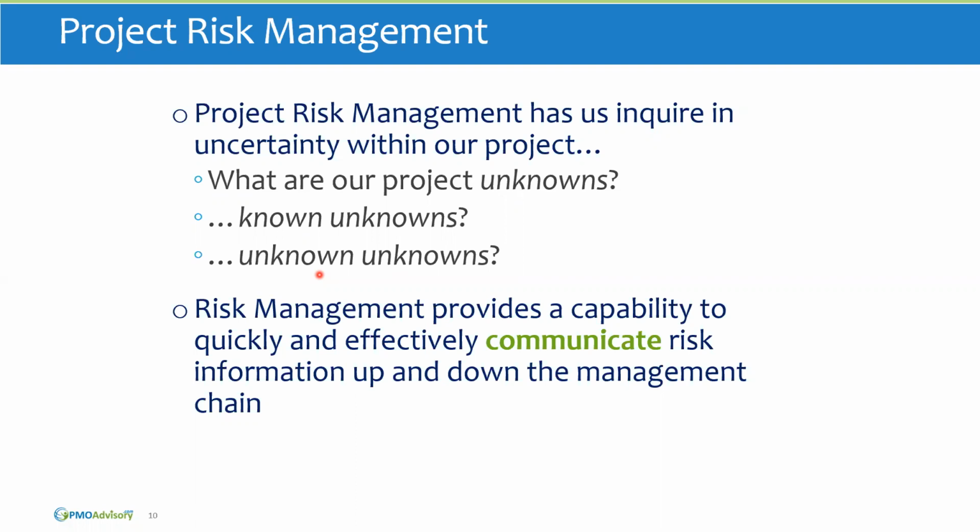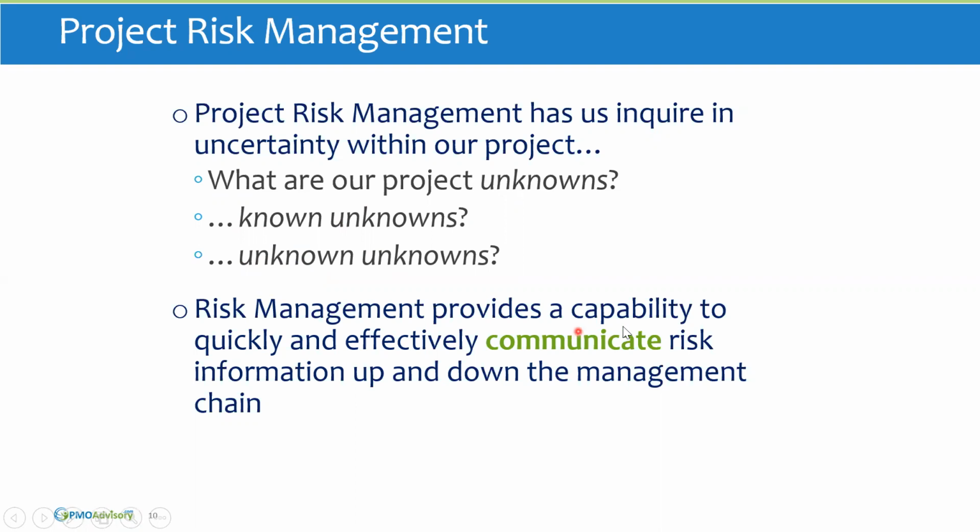They call them emergent risks. They emerge later in the project. So we want to continue to do the process of identifying risks throughout the project, not just at the beginning. And we do that because we want to identify as many unknowns or risks as possible.